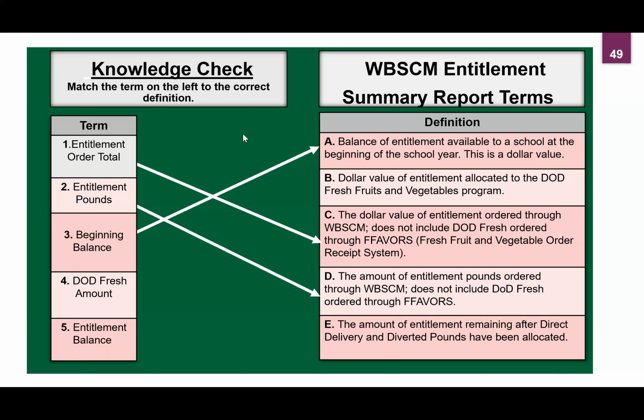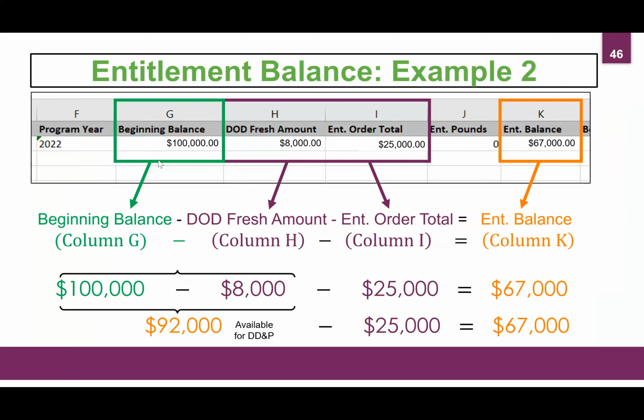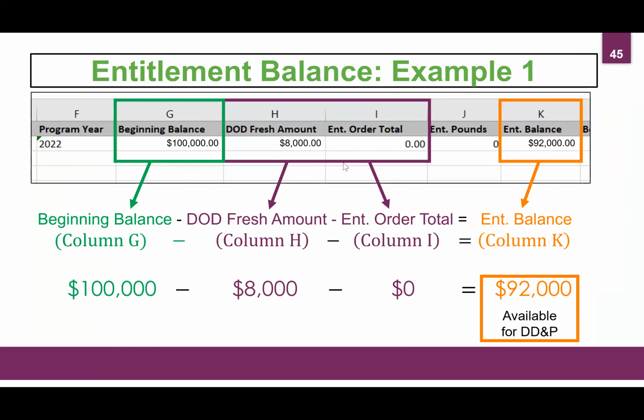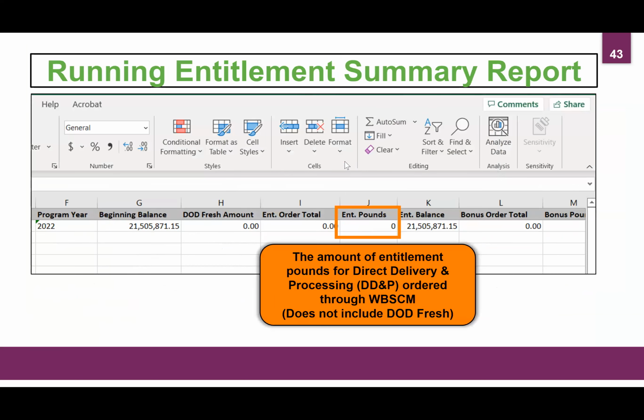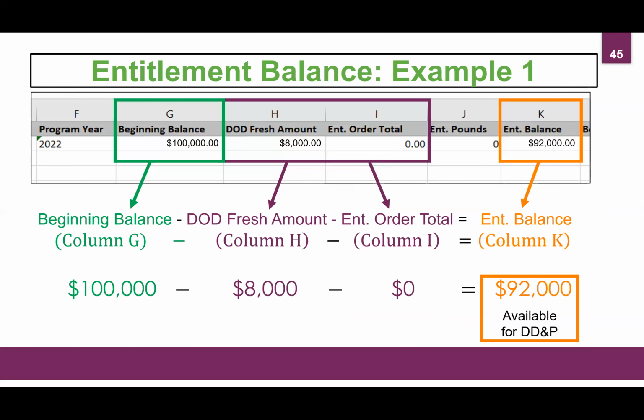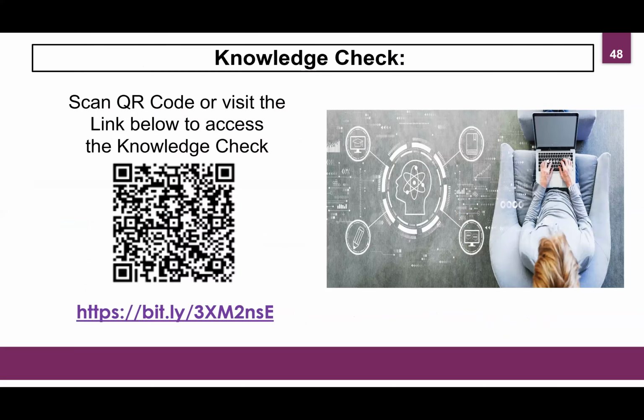Okay, let's go back. Hold on. It was G. That is where your entitlement balance is at. G is going to give your beginning balance, and then K is going to give your ending balance. So hopefully I wasn't confusing with that one.